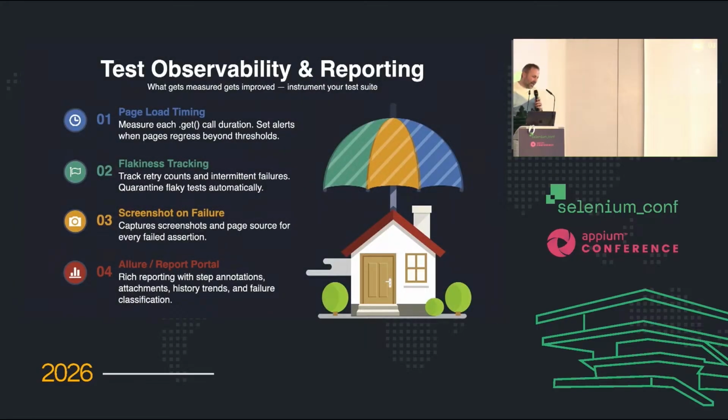So before getting to the end, let's touch on the observability and the reporting. We always have room for improvement. To find a place where we need to improve, we need to measure something. The measurement will show us where we can do a better job.